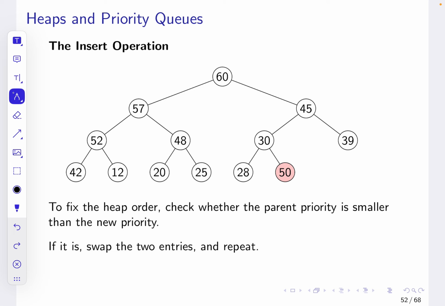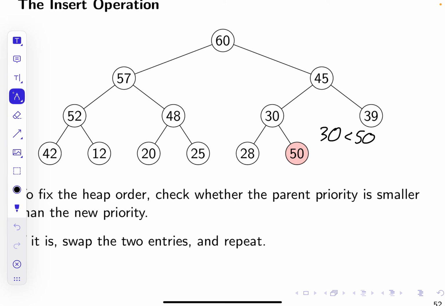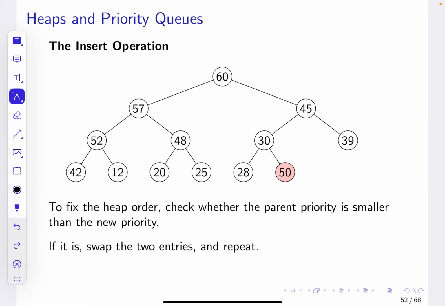Check whether the parent priority is smaller than the new priority. And then we swap. I guess a more general way to say this would be something like, if parent less than child, swap.